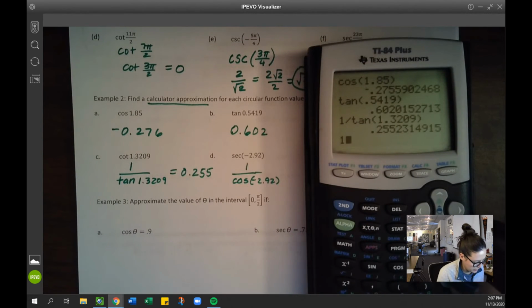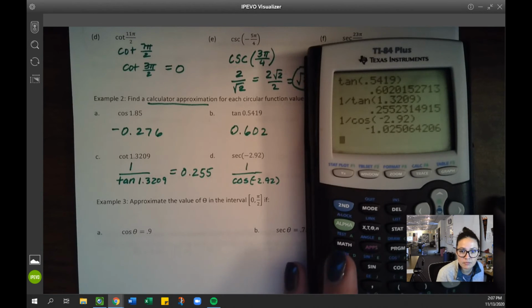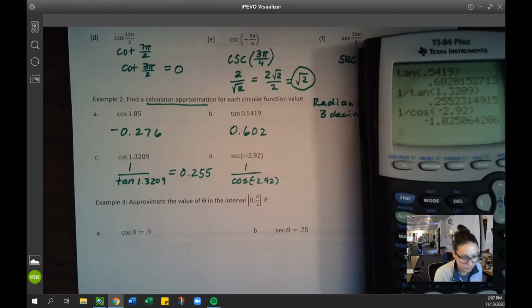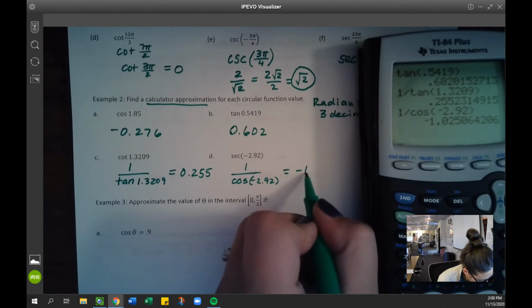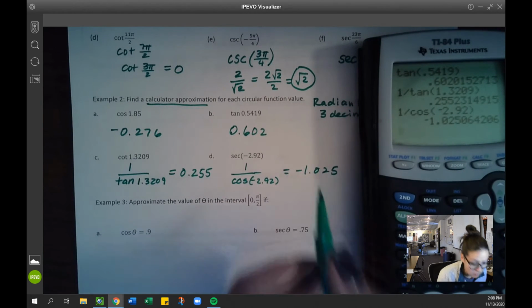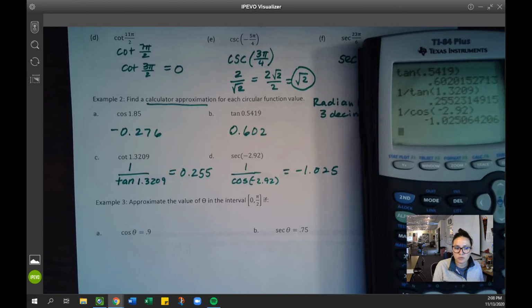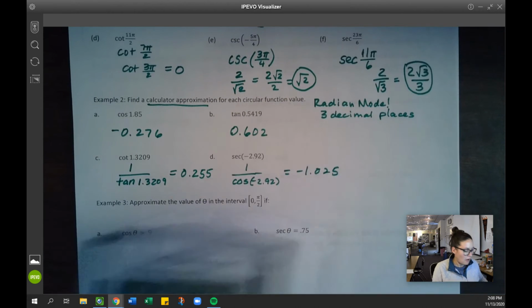So 1 divided by cosine, negative 2.92. Negative 1.025. Okay.